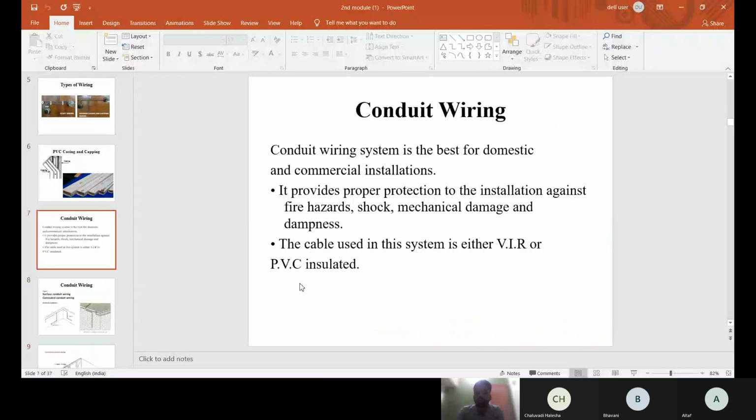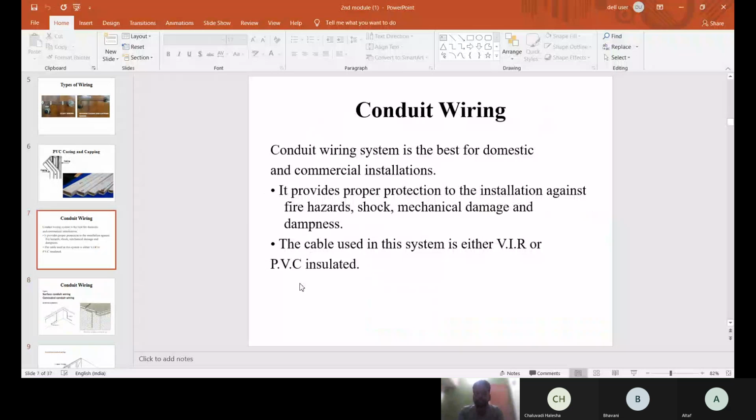To facilitate drawing of wires, a number of inspection fittings are provided along its length. The conduit size is stated in terms of outer diameter; the smallest size is 12 mm and the biggest size is 16 mm.